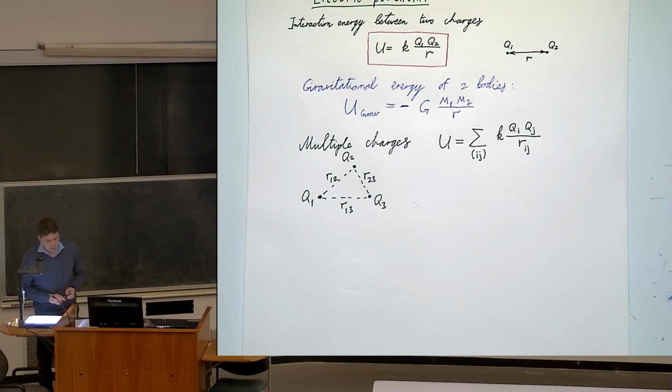So to find the total energy, we've got to sum up all the pairwise contributions, of which there are 3.